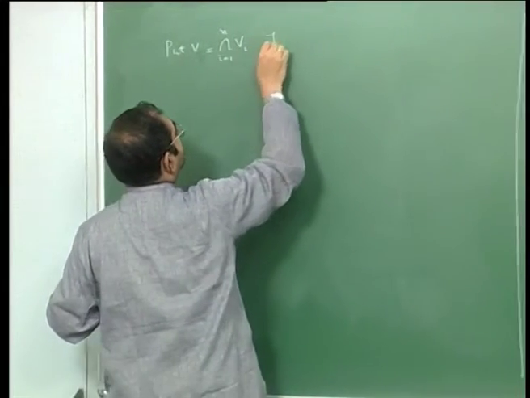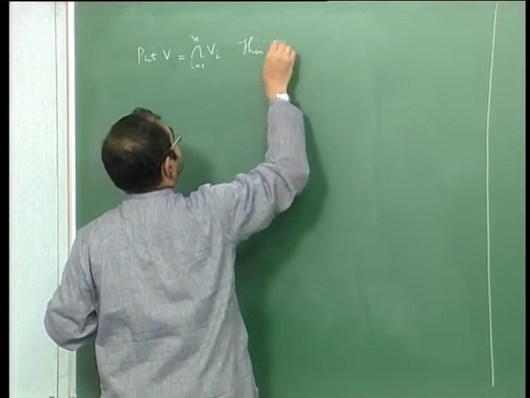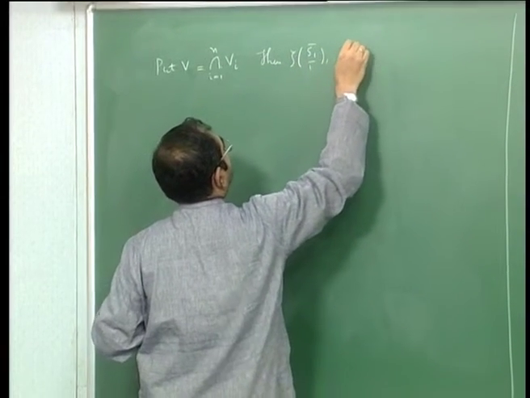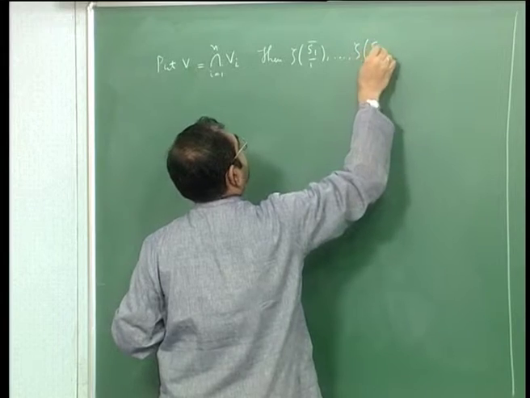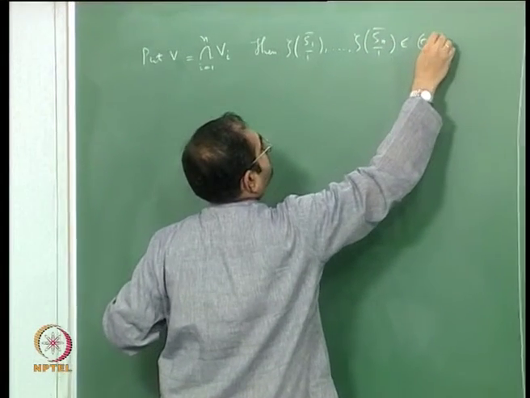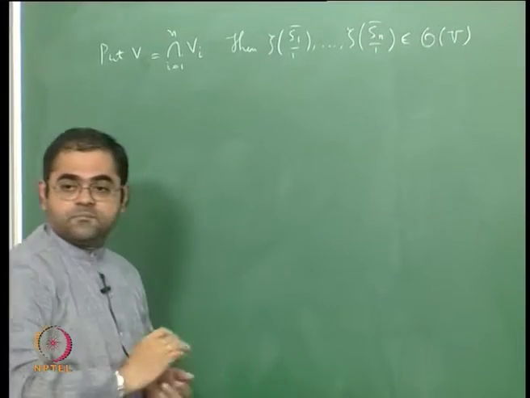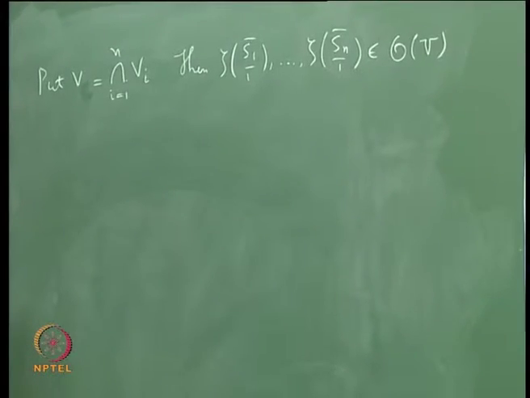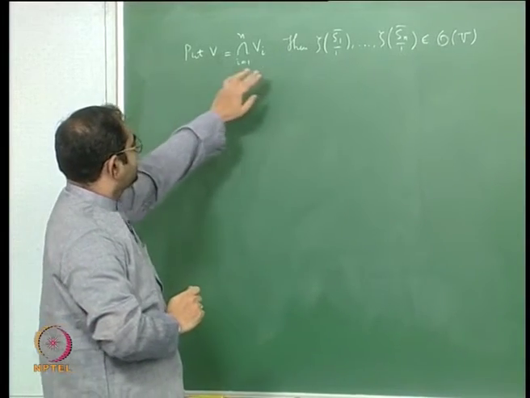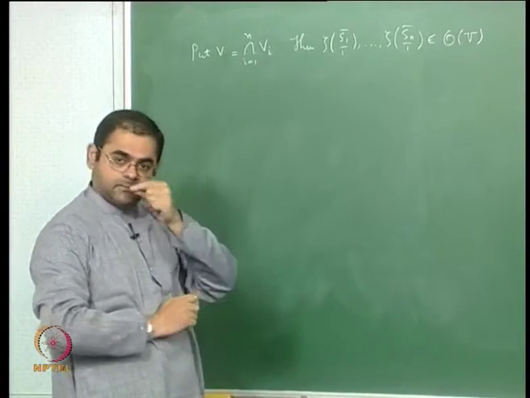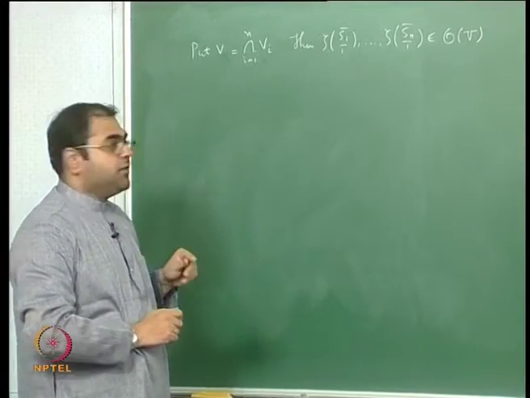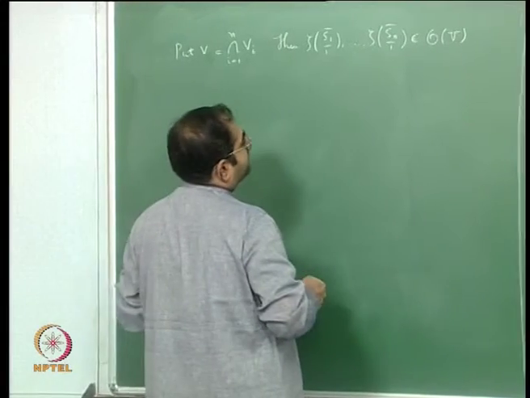Then you see that zeta of S1 bar by 1 and so on, zeta of Sn bar by 1, they are all in O V, okay, they are all regular functions on V, alright, because each one is regular on Vi and all of them put together are going to be regular on V, alright.